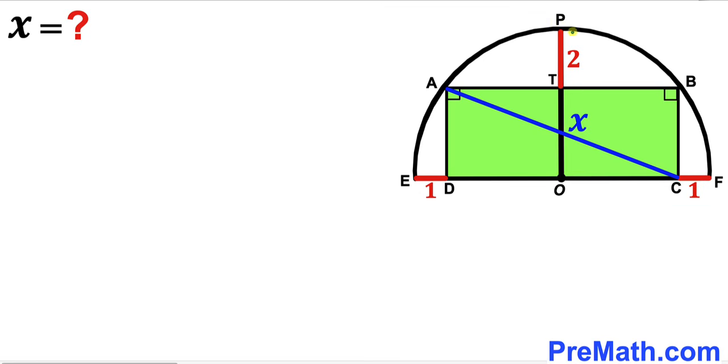Furthermore, this segment PT is 2 units, and this diagonal AC is being represented by X. Our task is to find the value of X. In other words, we are going to find the value of this length AC.